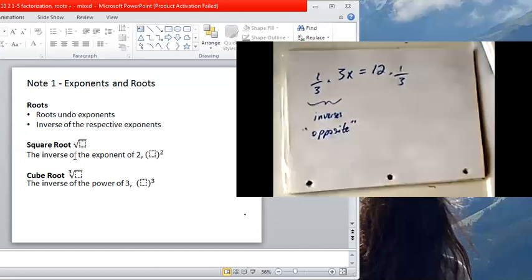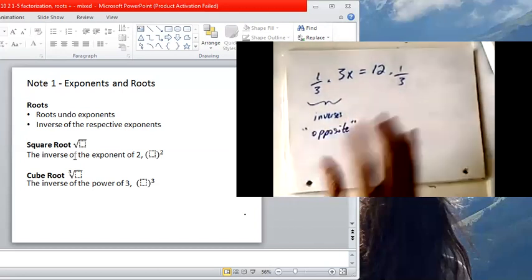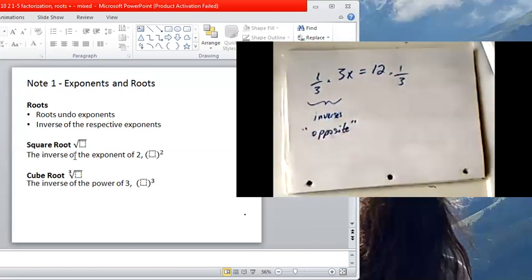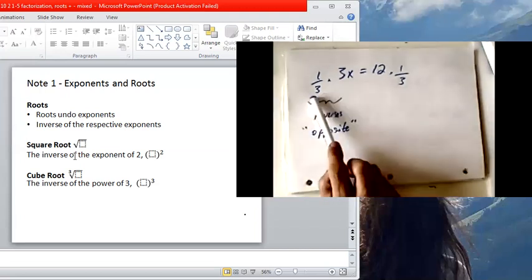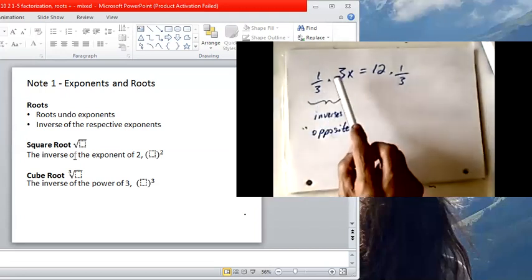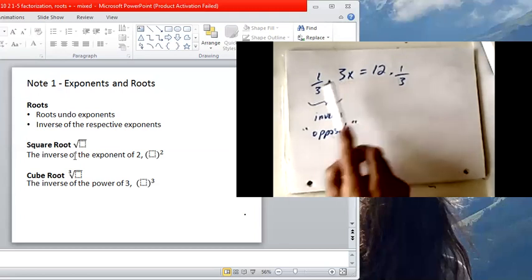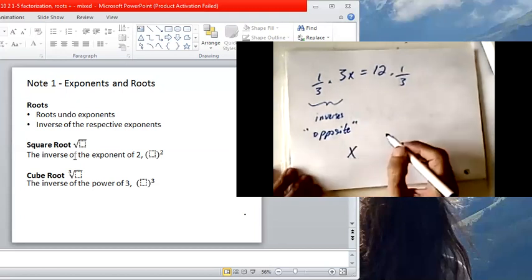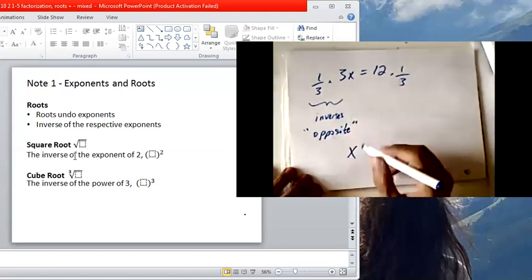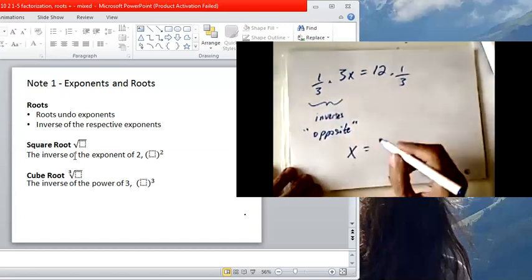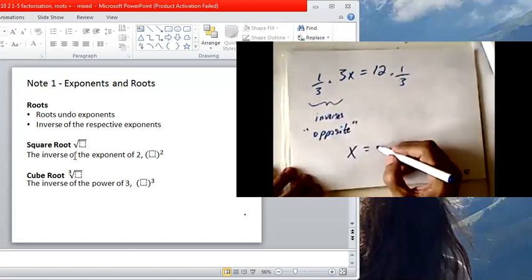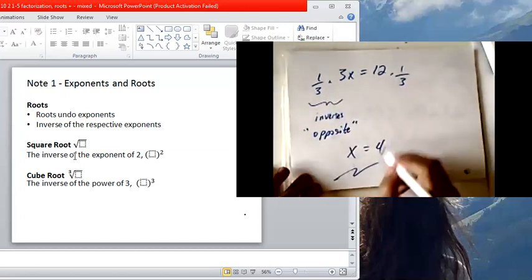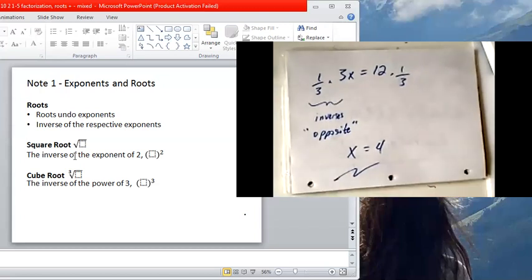Not the only math word, just because of the different situations that come up. But yes, 1/3 can count as the inverse of 3. What happens when these combine together? They're gone, right? You're left with x only. So they divide out, they make one another disappear. On the right-hand side, you just work it out and you get it.